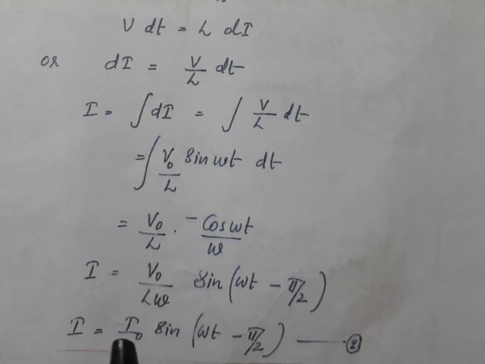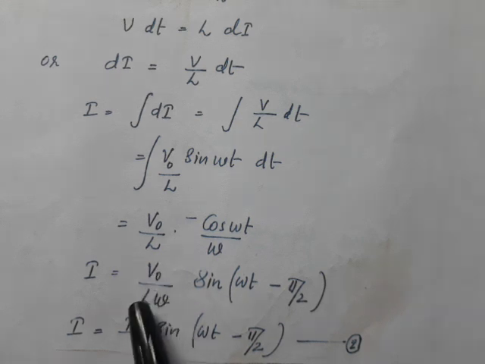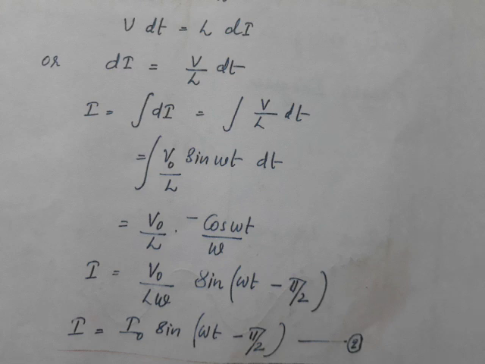This should be I0. If this is I0, in the case of a resistor it was V0 by R, but here instead of that we have V0 by L omega, which means L omega is a quantity equivalent to the resistance in the case of a resistor. So this quantity L omega is the resistance offered by the inductor to the flow of AC, and we call it inductive reactance.